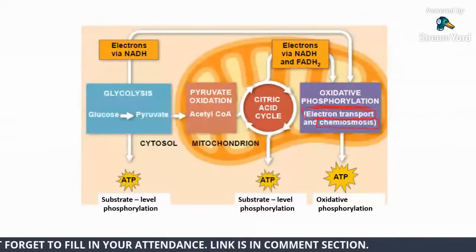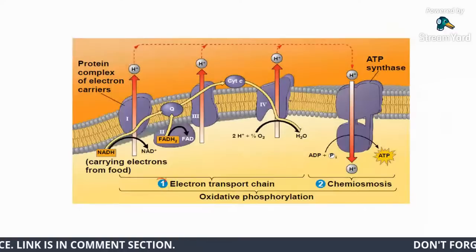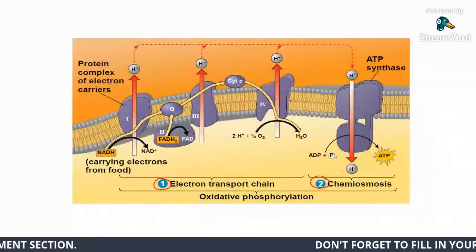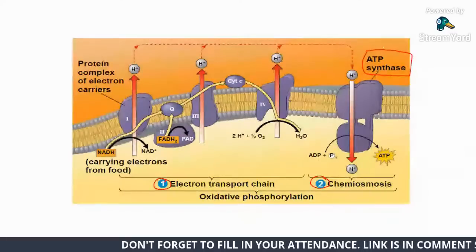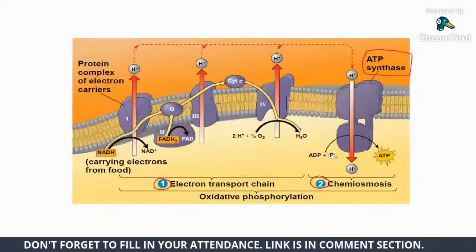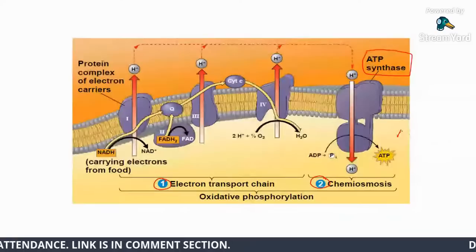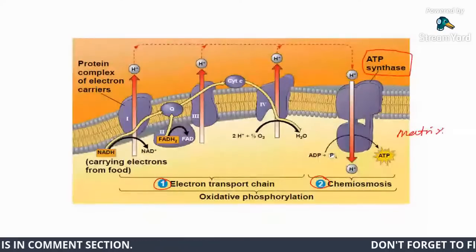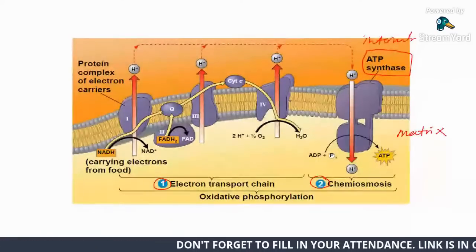Okay, and I think you know that this is electron transport chain and this is chemiosmosis that involve ATP synthase. Right, and I hope you know that this is matrix mitochondria and this is intermembrane space.